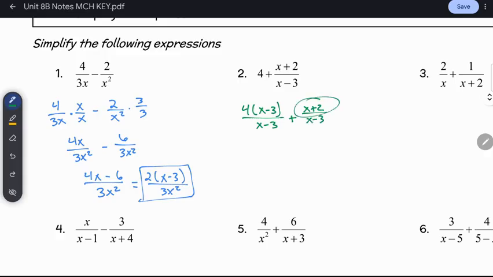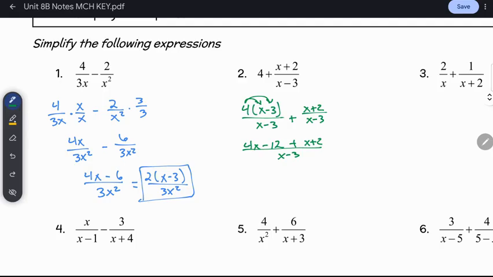Now in order to see what we can combine, we're going to have to distribute this 4. So that's what we're going to do. So this is going to give me 4x minus 12 plus x plus 2 all over x minus 3. So once we have that common denominator, we can start putting them together.